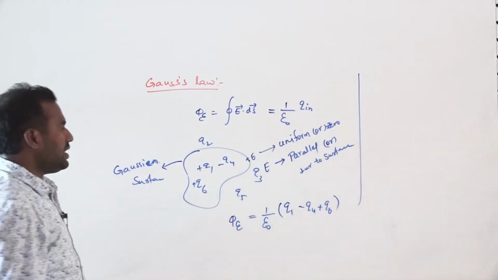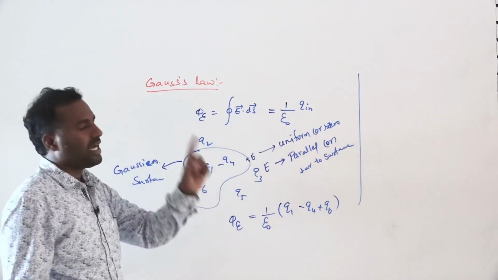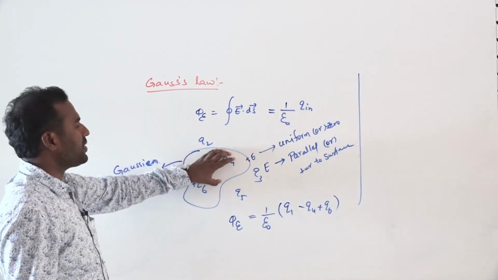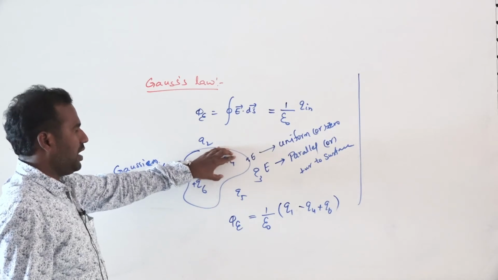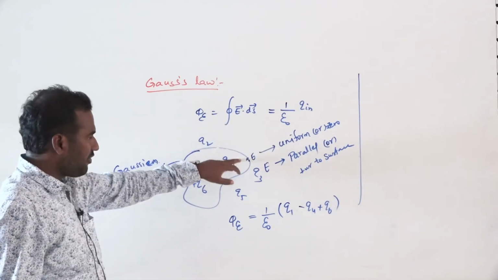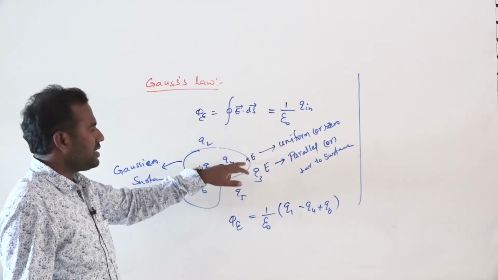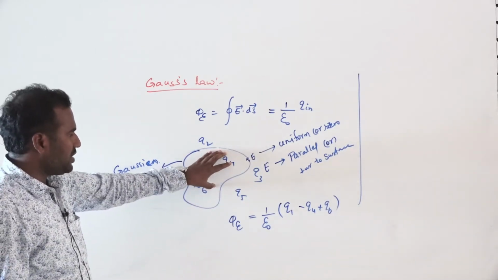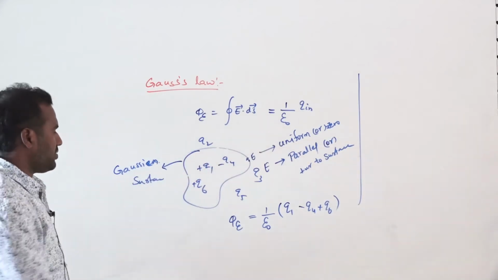Now, by using Gauss law, the first step is to analyze where you are going to find the electric field; there we must take the Gaussian surface. Over that surface the electric field is a net field, and within the surface the flux is due to enclosed charges.